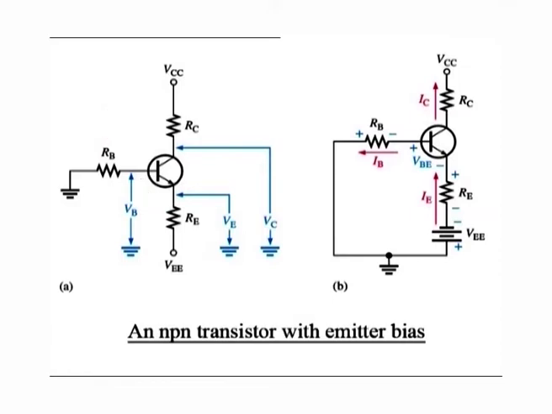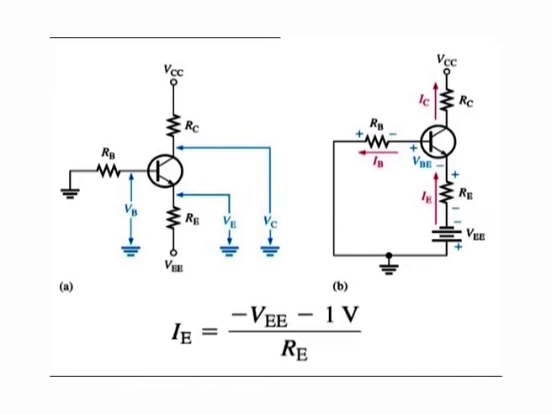Using this approximation, you can obtain the emitter current as IE is equal to minus VEE minus 1 volt over RE, where VEE is entered as a negative value in this equation. You can apply the approximation that IC is approximately equal to IE to calculate the collector voltage, where the collector voltage is equal to VCC minus IC into RC.